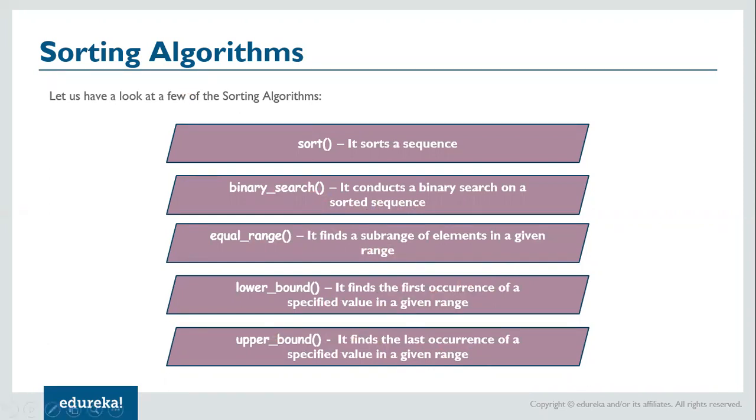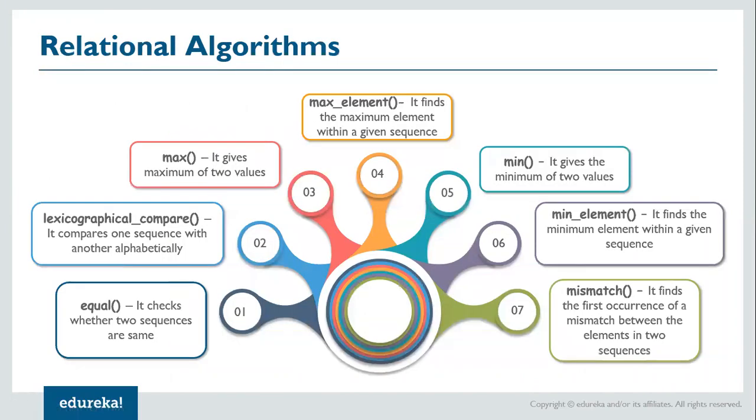Then we have some relational algorithms, relational meaning that you compare one value with another. For example, you can check for equality, equal checks for equality. Then lexicographic compare is there, where you perform a character by character comparison. Then you can find max, which gives the max of two values, max element finds the maximum element in a given sequence.